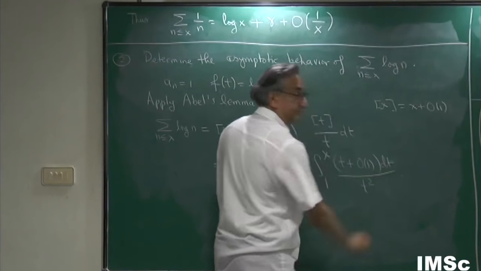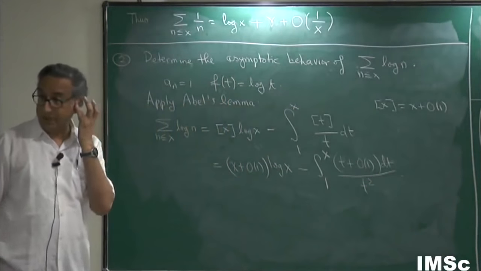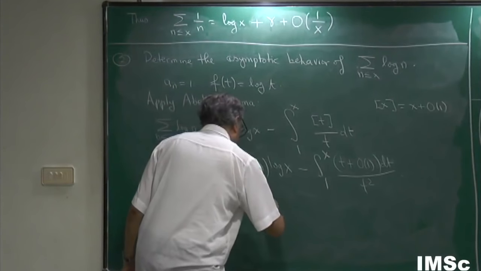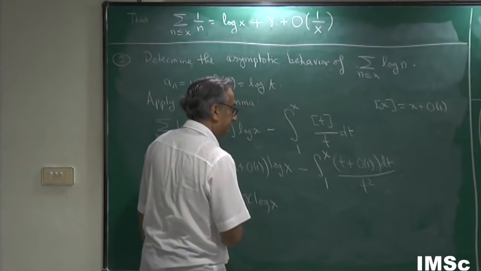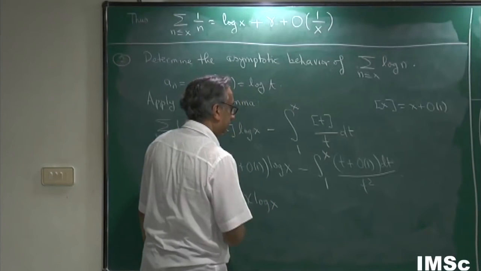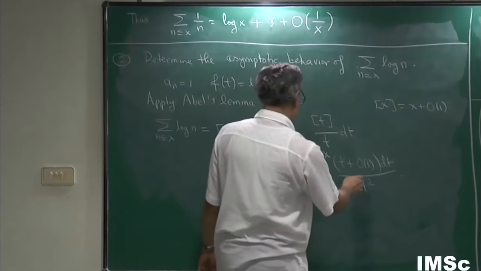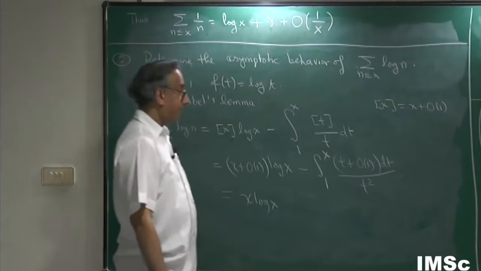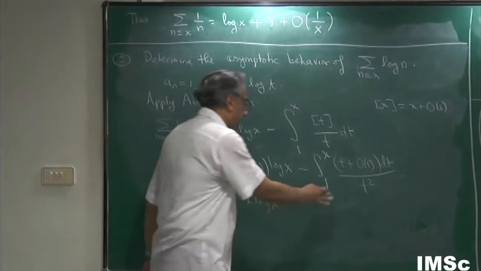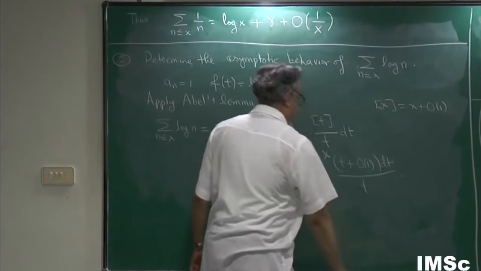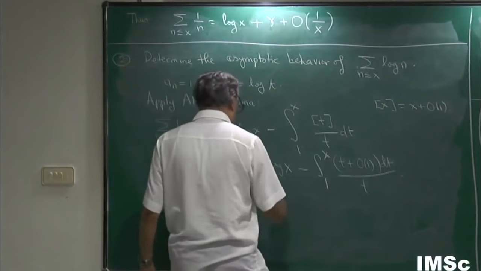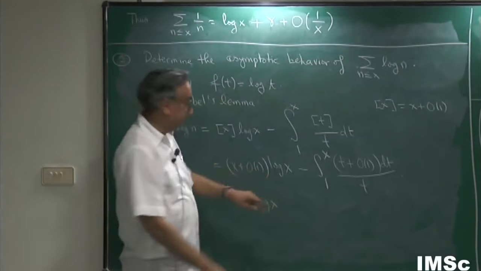Not t squared, sorry, just t. So you're going to get x log x plus O of log x, right?